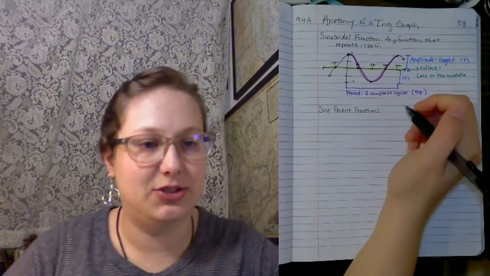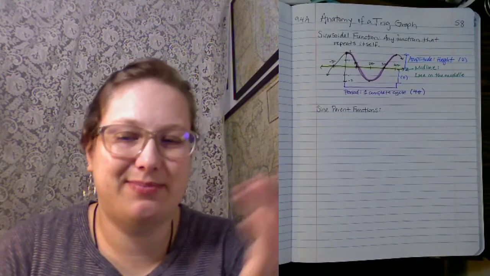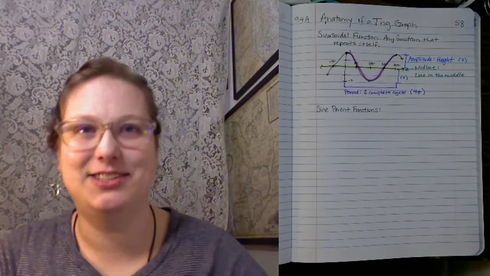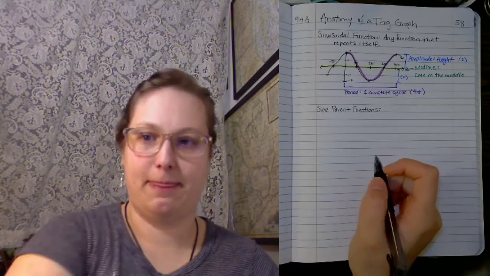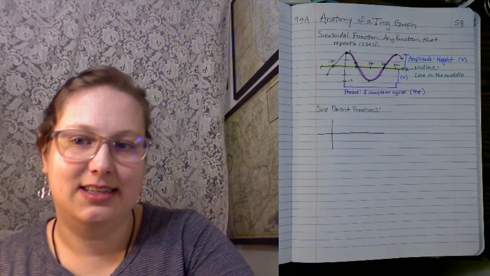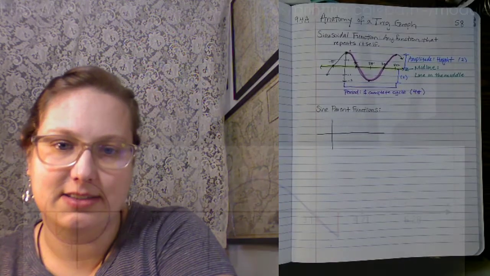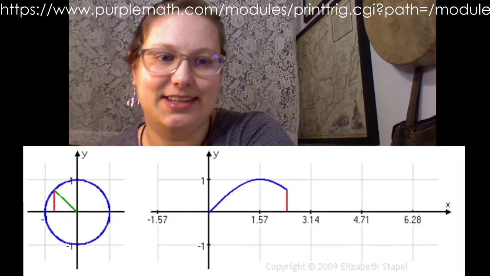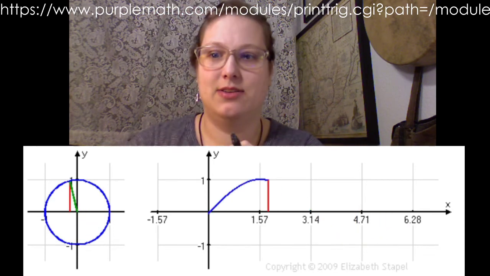We've talked about parent functions enough that you probably could just do this by yourself once I show you the shape of it, but I don't want to send you on your way. I had to get rid of my animation, I think. Let me see if it's still here. That's sine, good.